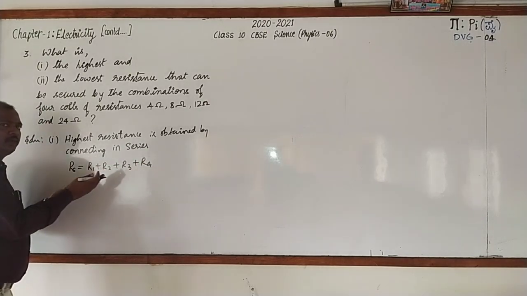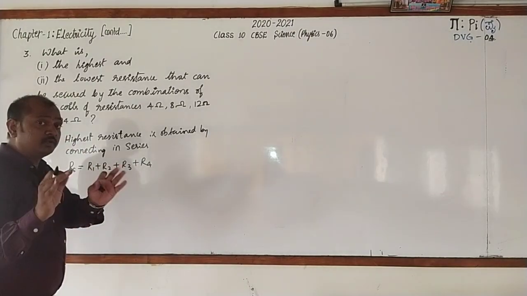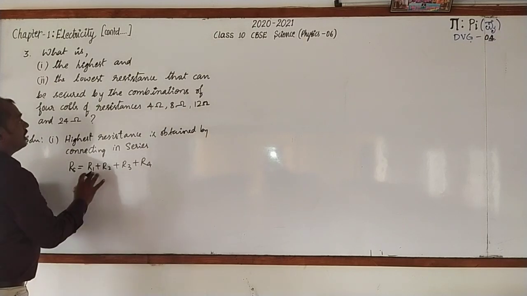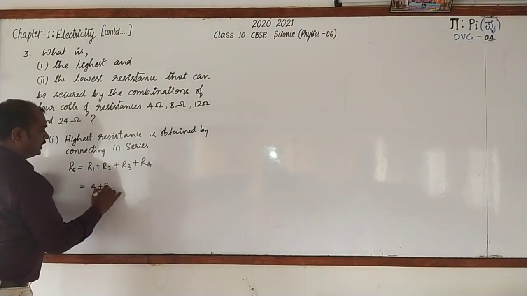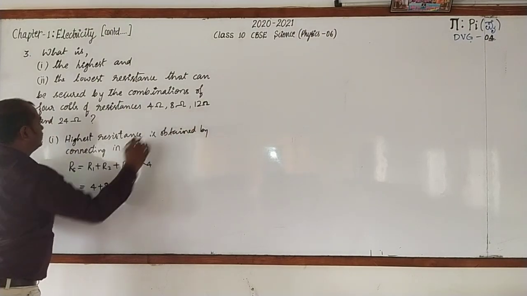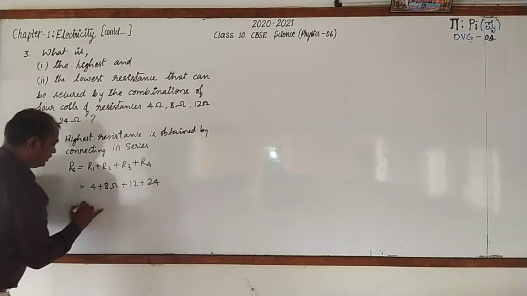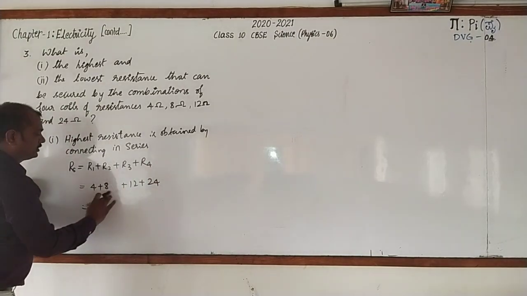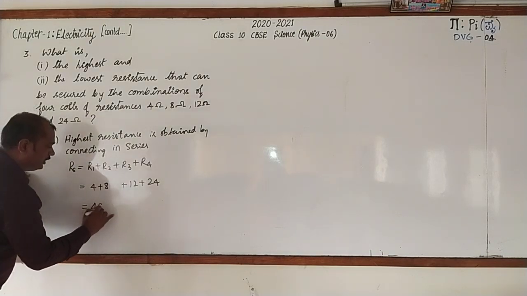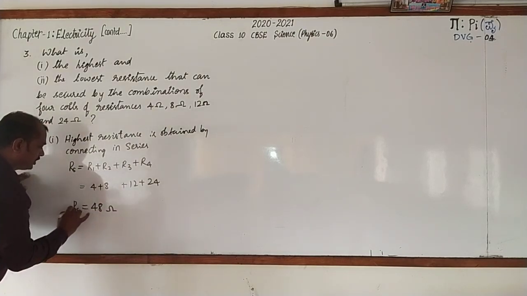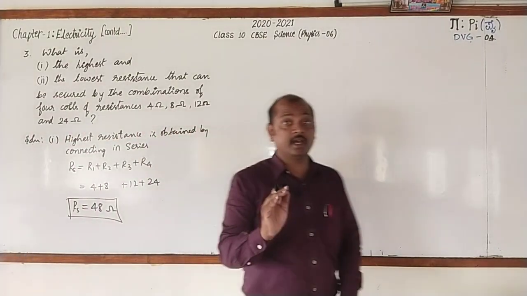It is not necessary to write the formula, you can write it directly, only for the sake of understanding. R1, what is R1? 4 ohm. R2, 8 ohm. R3, 12 ohm. And R4, 24 ohm. It is equal to, what is 4 plus 8? 12. 12 plus 12? 24. 24 plus 24? 48 ohm. So Rs is equal to 48 ohm. Clear? That is the highest value.